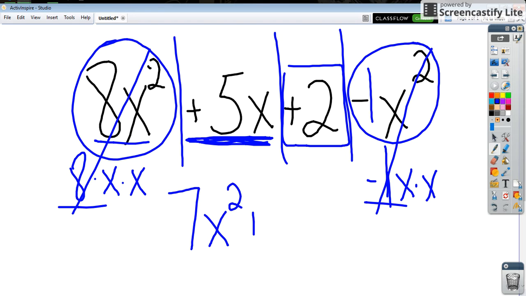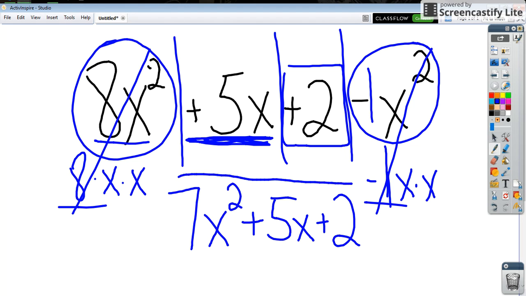Then this plus 5x, just bring down. This plus 2, just bring it down. And that's it. You cannot combine variables with exponents and variables without exponents. Those are different creatures. So when you're adding and subtracting, you cannot combine those.